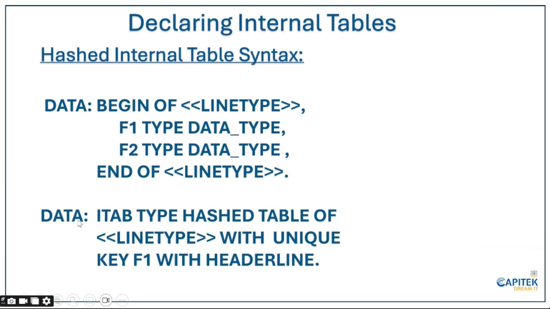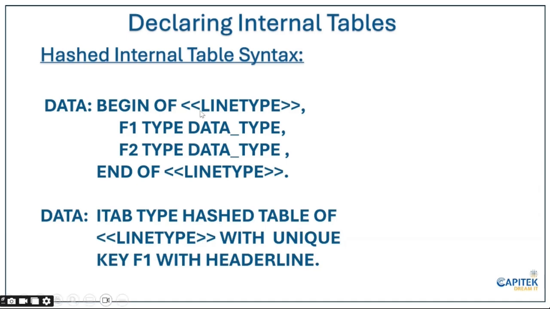And again, when you're declaring the internal table, ITAB type hashed table of line type with unique key F1 with header line. As I told you, when you're mentioning the internal table, you're explicitly mentioning the type of the internal table. Here we mentioned the type as hashed table.